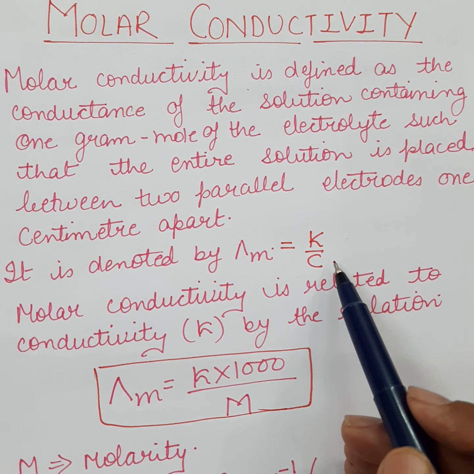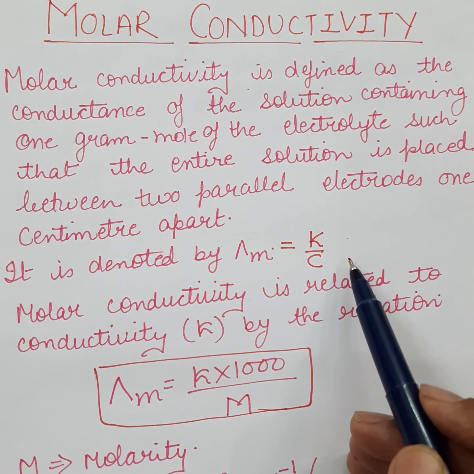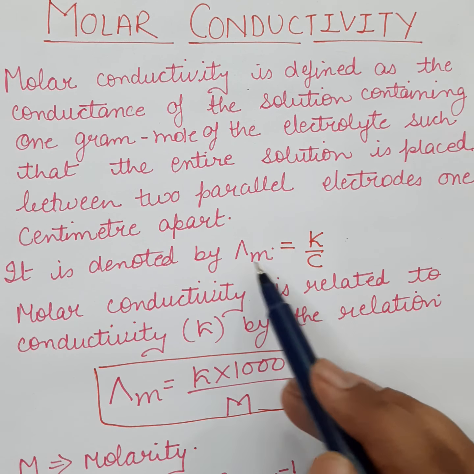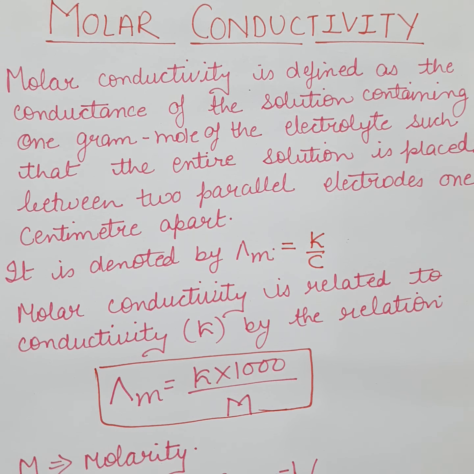So we can write the unit as mole divided by meter cube. Then we can easily imply that the unit comes out to be Siemens meter square mole inverse, or we can say Siemens centimeter square mole inverse. We can easily calculate the unit.